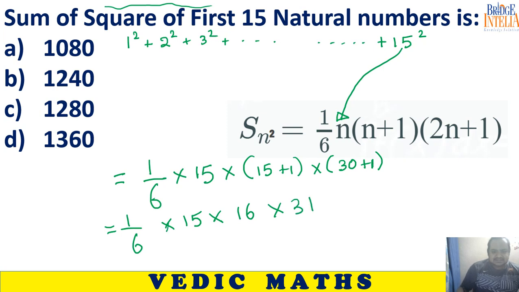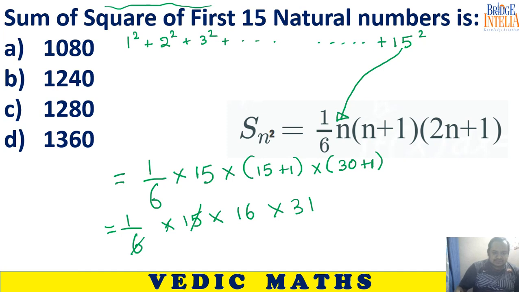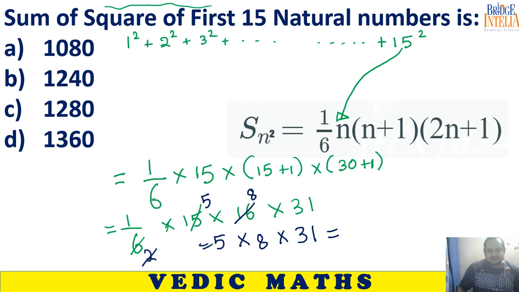The 6 and 15 are both multiples of 3, so we can cancel them: 2 here and 5 here. Now this 2 and 16 will also cancel each other out, giving 8. So the final answer is 5 into 8 into 31, which is 1240.